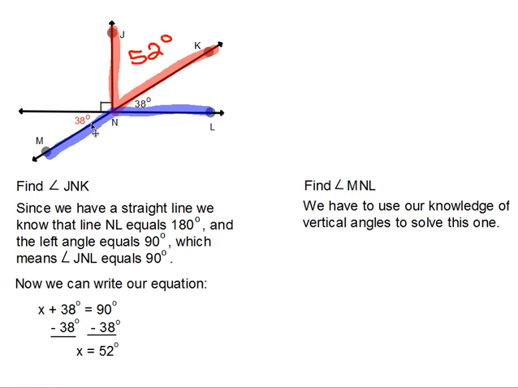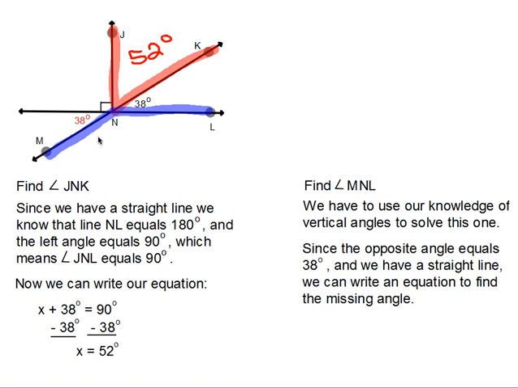So if this is 38, we know that this one's 38. And now I have a straight line, so I know that from here all the way around is 180 degrees. Since the opposite angle equals 38 degrees, we can write an equation to find the missing angle. So x plus 38 equals 180. We're going to subtract 38 from both sides. We get x equals 142 degrees.